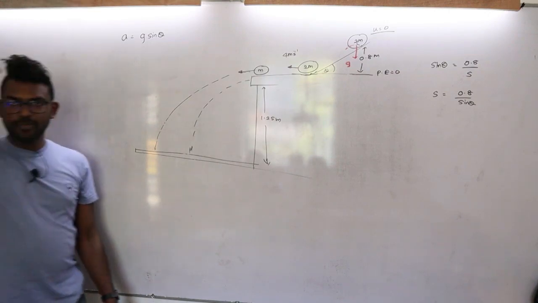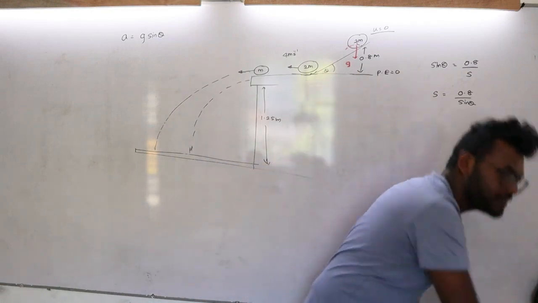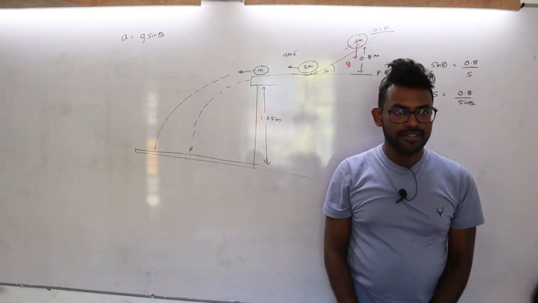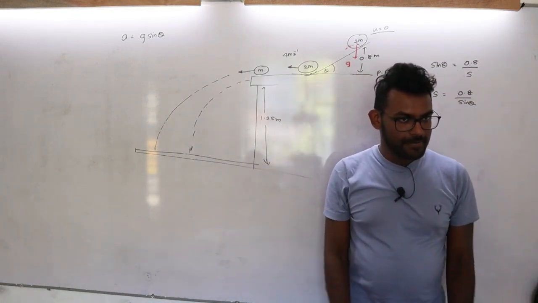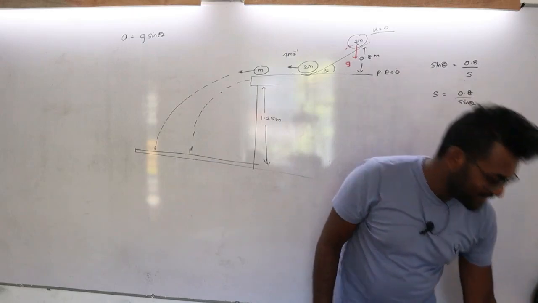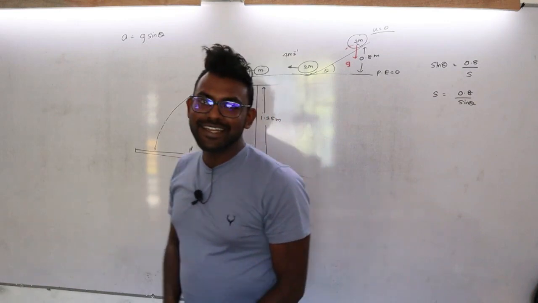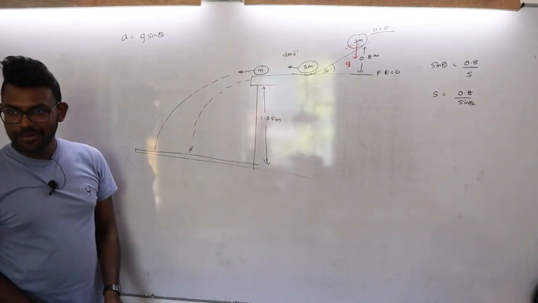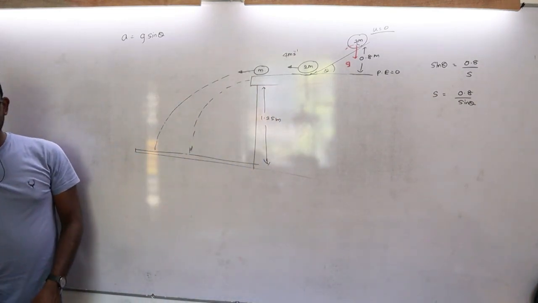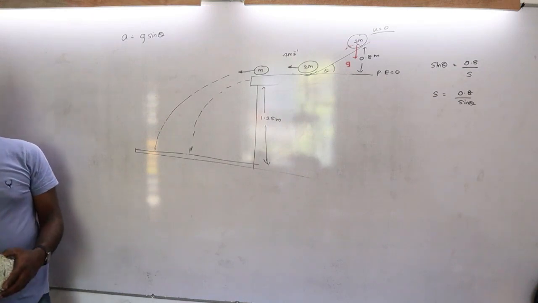You see a curved path. What's the name for that? It is called projectile motion. Have you learned about projectiles before? It is called projectile motion.